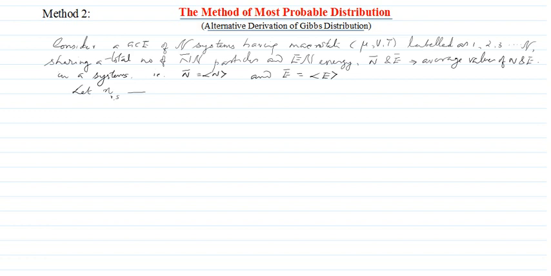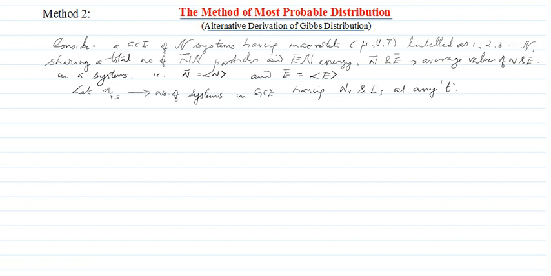So let n_rs denote the number of systems in the grand canonical ensemble having N_r number of particles and energy E_s at any instant t.